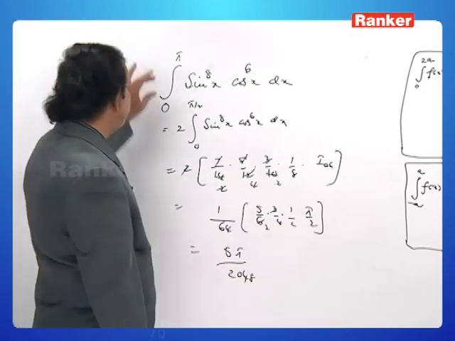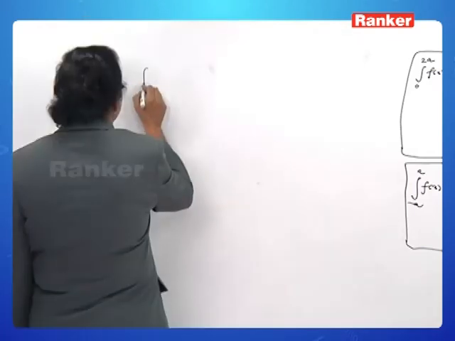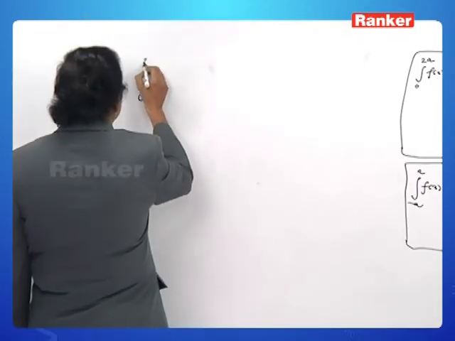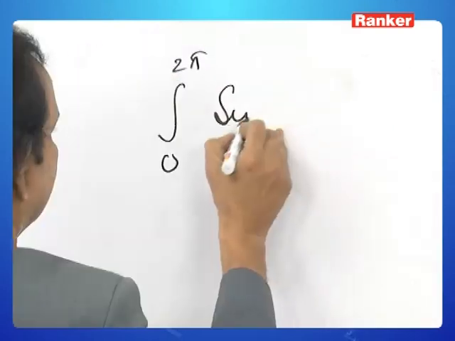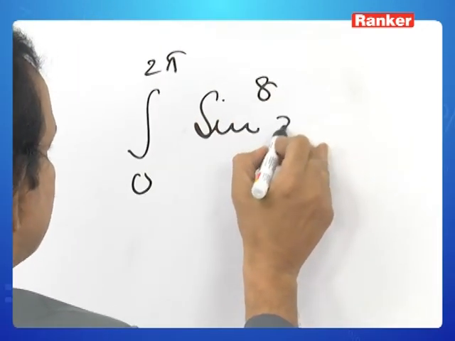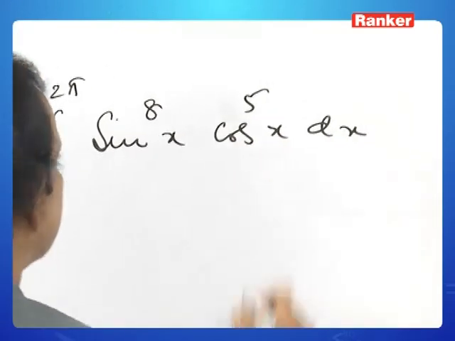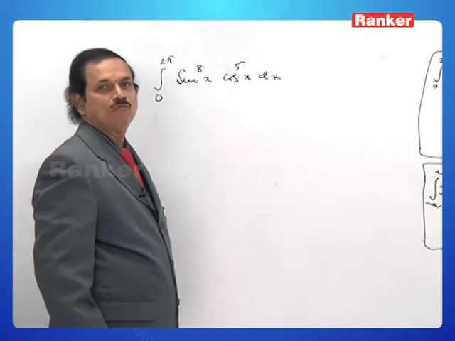You see, here we have made use of the first formula. Well done. Next one. Integral 0 to 2 pi sine power 8x into cos power 5x dx. What do you have?